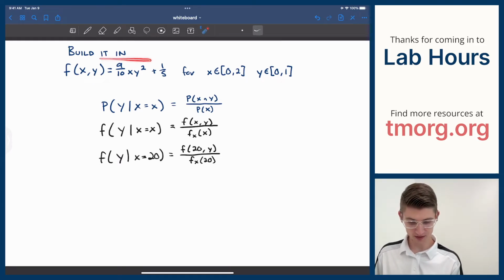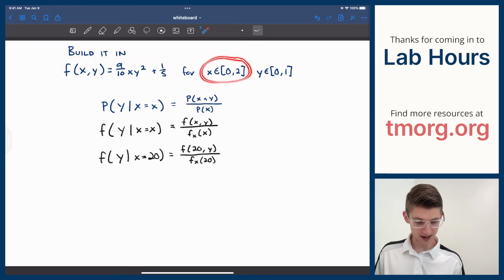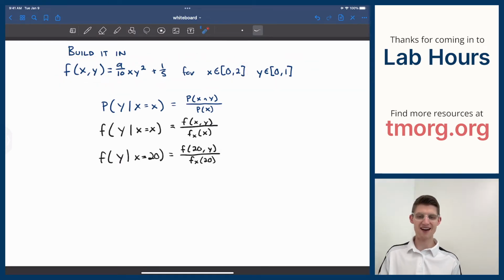Now, obviously, for this function right here, x can't be 20, but it could be something like 1/2, for example. And we'll talk about how you calculate and build the condition in.